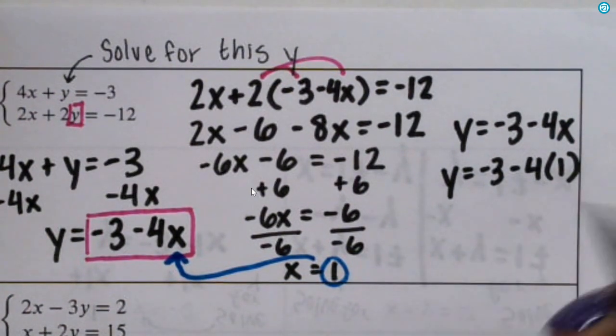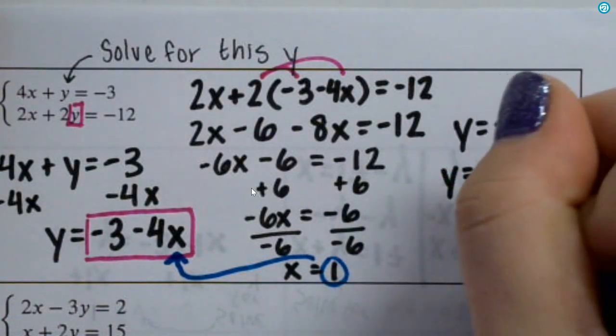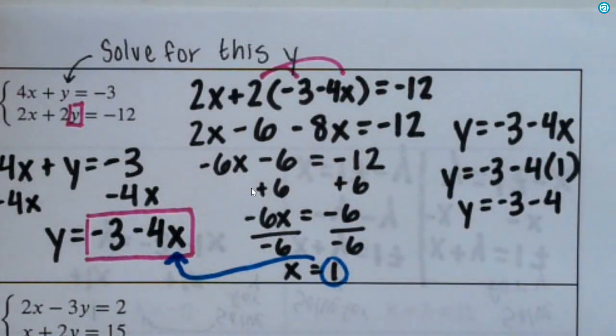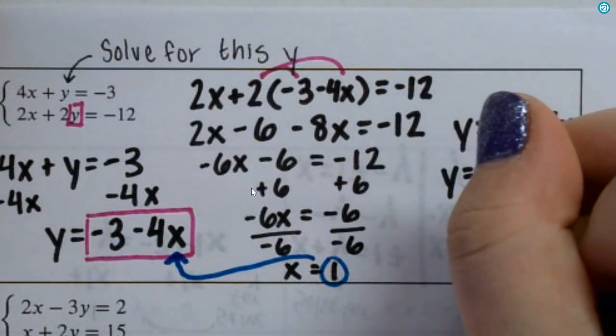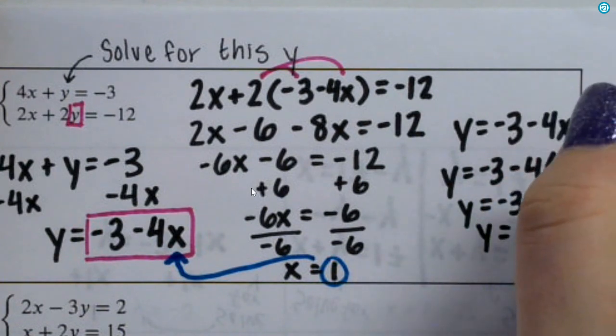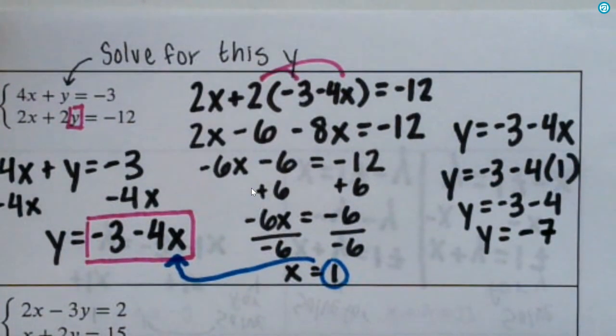Four times 1 is just 4, so this is y equals negative 3 minus 4. Negative 3 minus 4 is negative 7, so I get y equals negative 7.